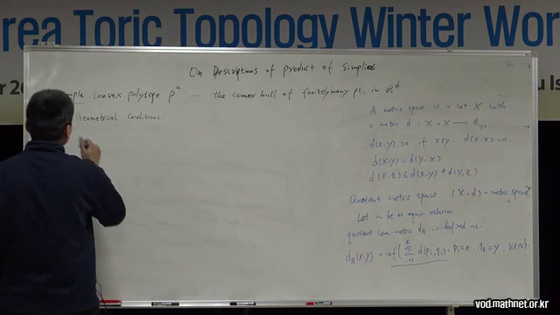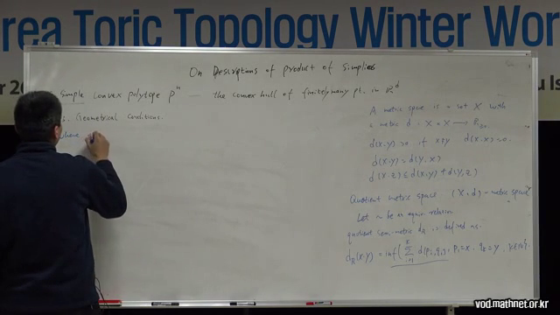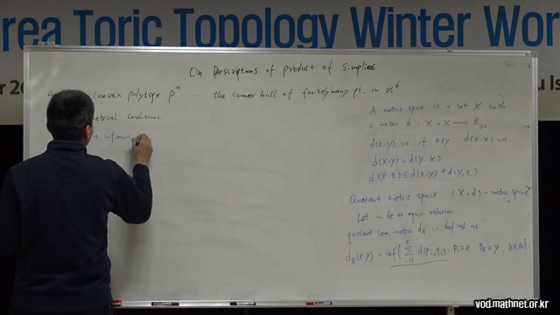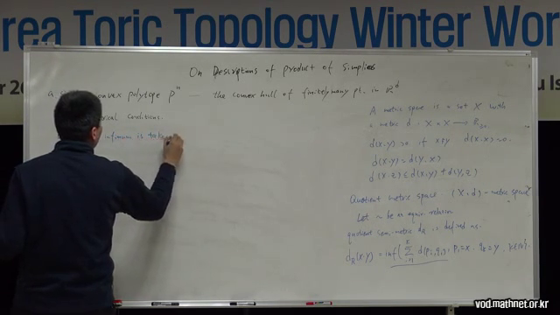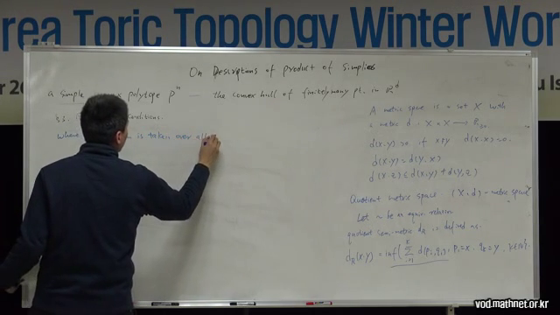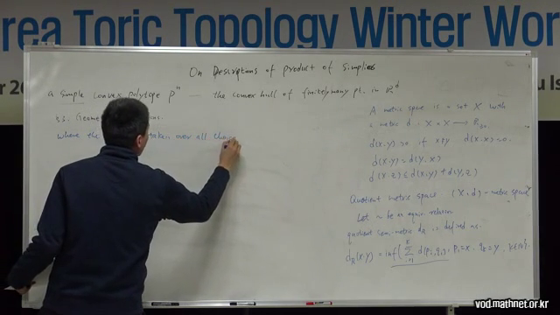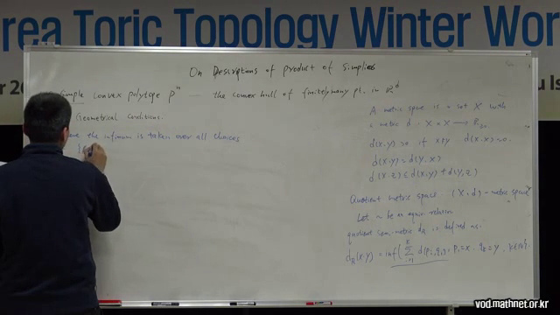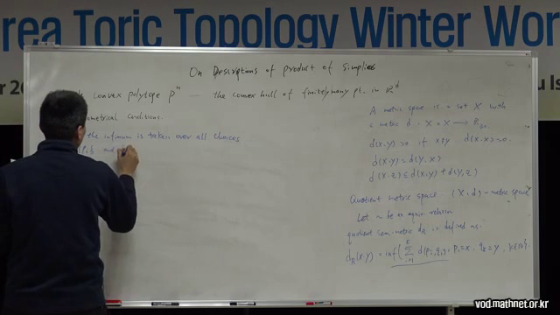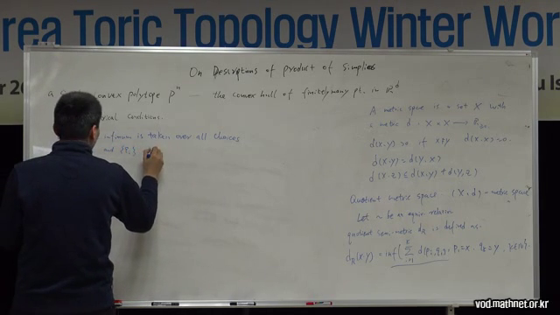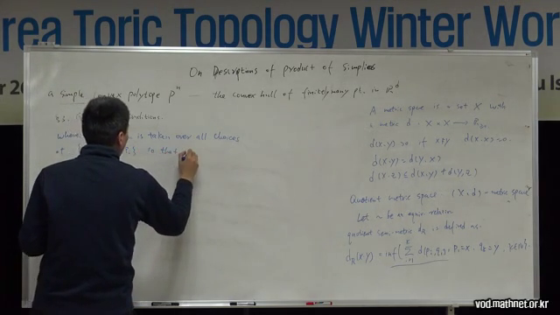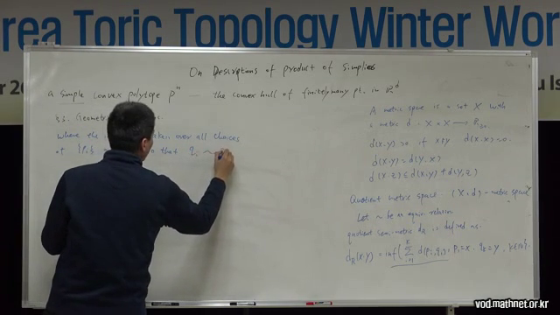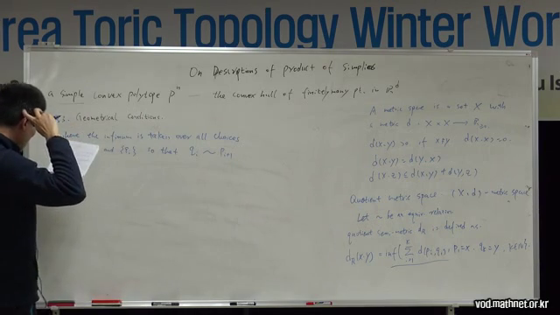The infimum is taken over all choices of the sequences pi and qi such that qi is equivalent to pi plus 1.